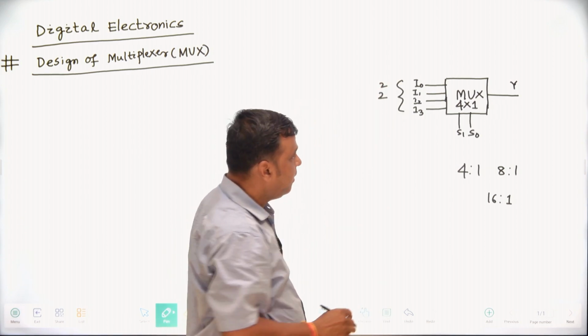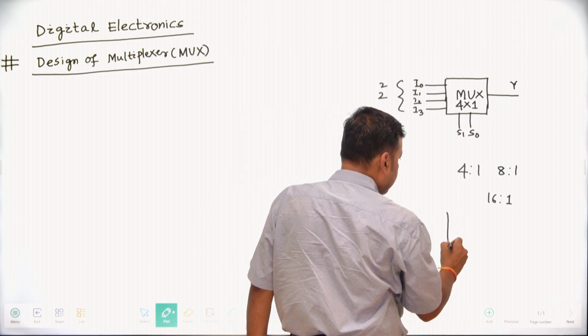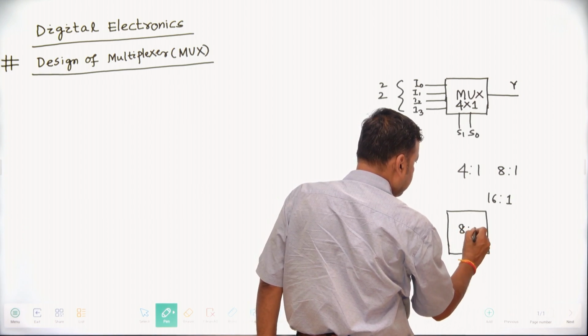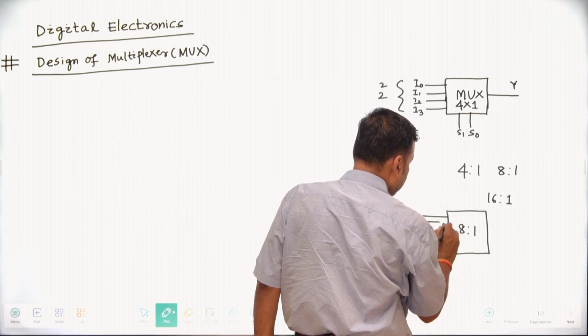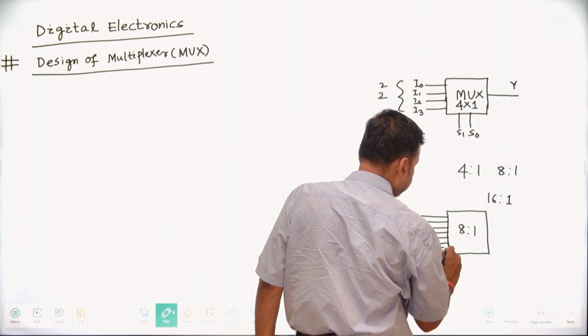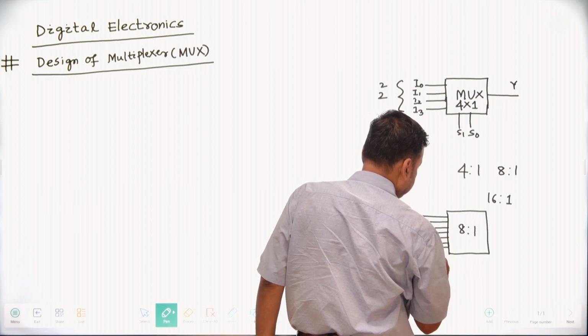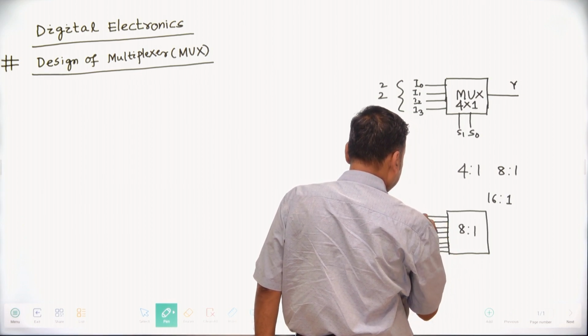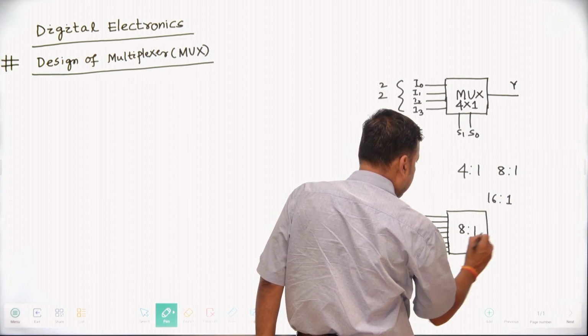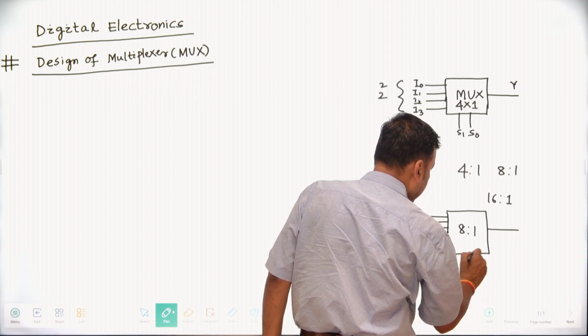Similarly for an 8:1 MUX, how many input lines? There must be 8: I0, I1, I2 up to I7, and one output line. How many selector lines?